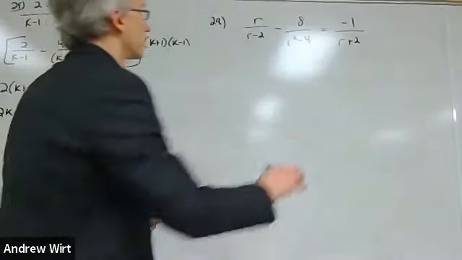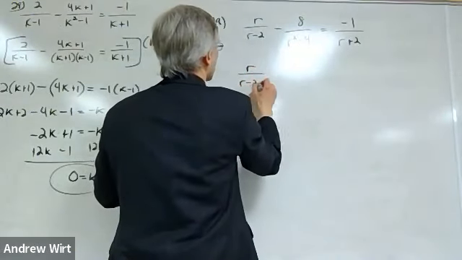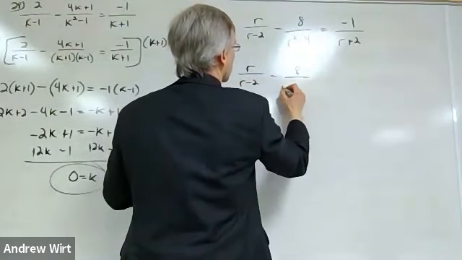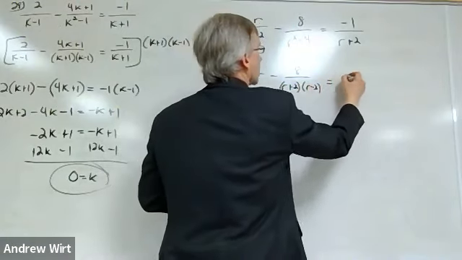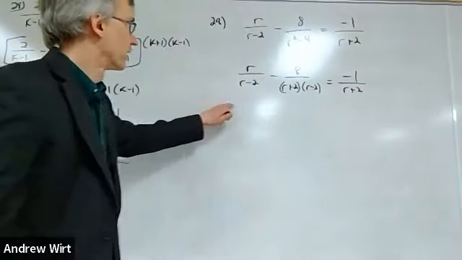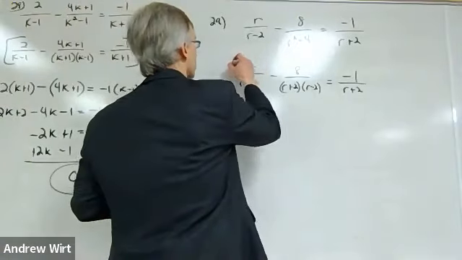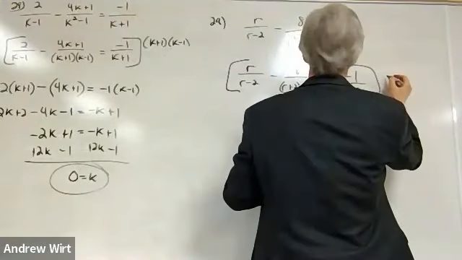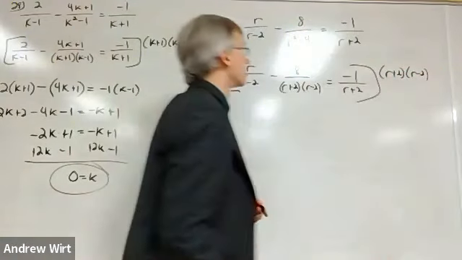All right, so we'll start by factoring here, difference of squares. Now looking at the denominators, we have two unique binomials, r plus 2 and r minus 2. So let's multiply this entire equation by r plus 2 times r minus 2.